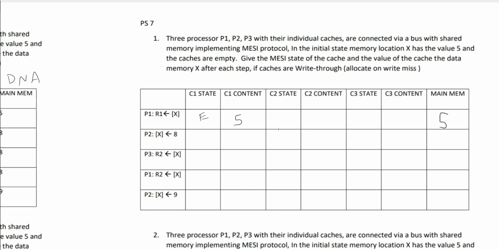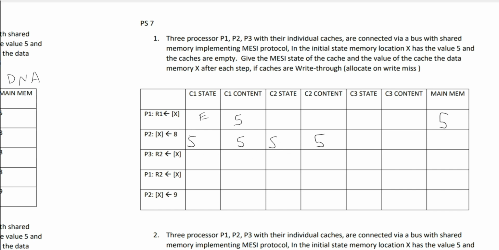When we try to read, the other caches will snoop. So then this will become from E to S temporarily, right? Because it'll bring 5, right? But then immediately after that, it'll write it.